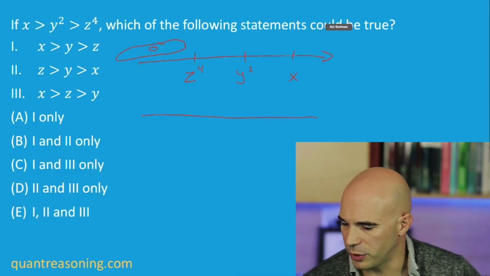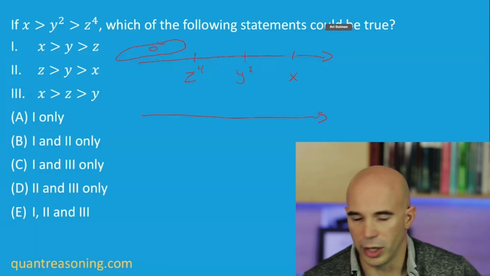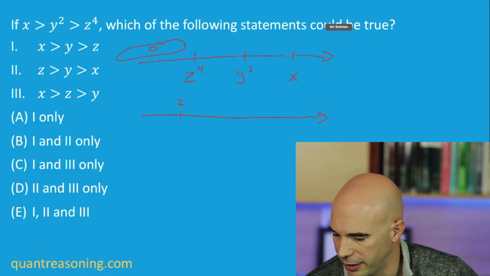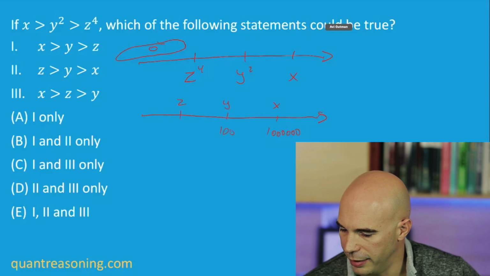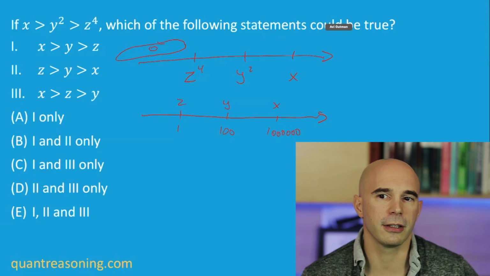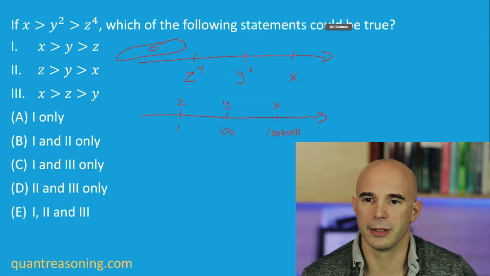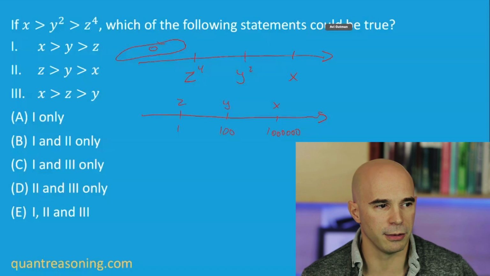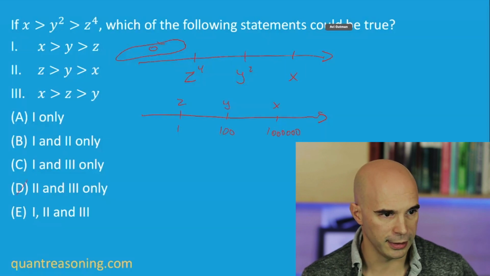Many cases, right? We could say that y is 100 and z is 1 or z is 0 or whatever. If we say z, y, and x, and we'll call them 1,000,000, and this could be 100, and this could be 0 or 1 or whatever. Not very hard to see that it's possible. It's possible that x is to the right of y, which in turn is to the right of z.